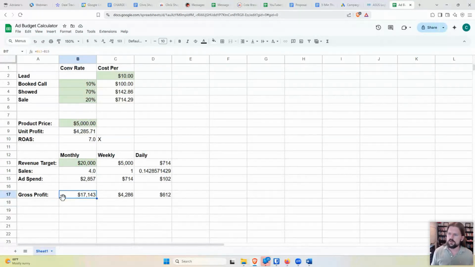So if you want to do your targets by gross profit rather than by revenue, you can just mess with this a little bit. Let's say my actual target is 20,000 in gross profit rather than 20,000 in revenue. Then I can just mess with this revenue target number until I get close to the gross profit.